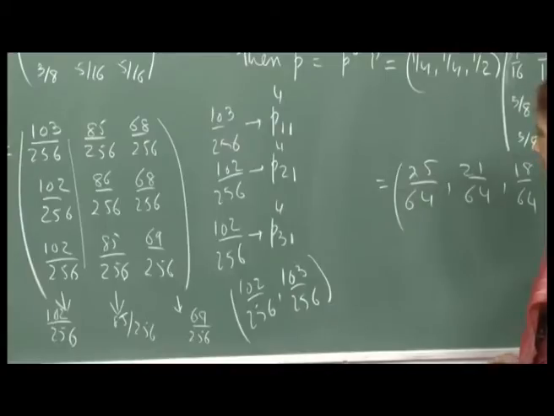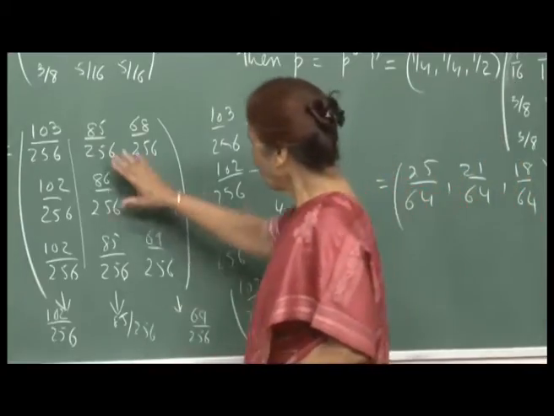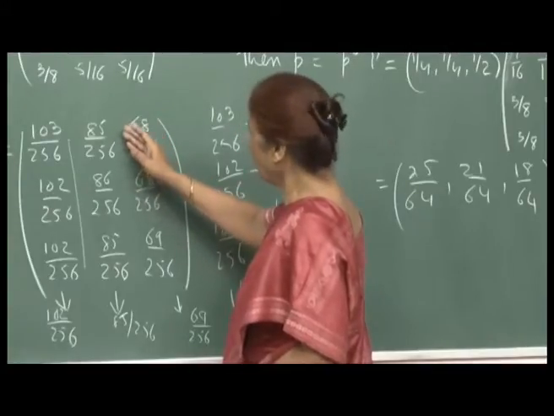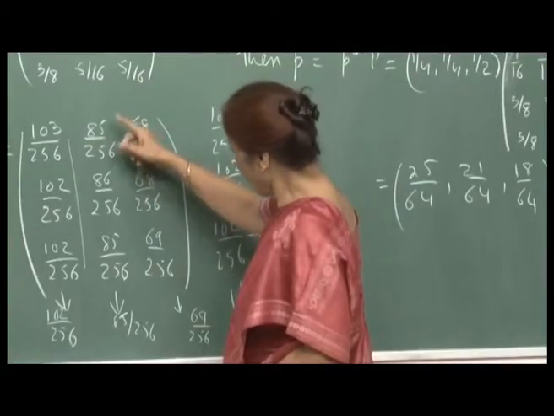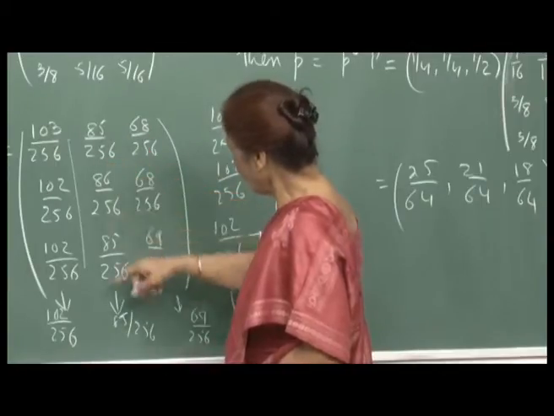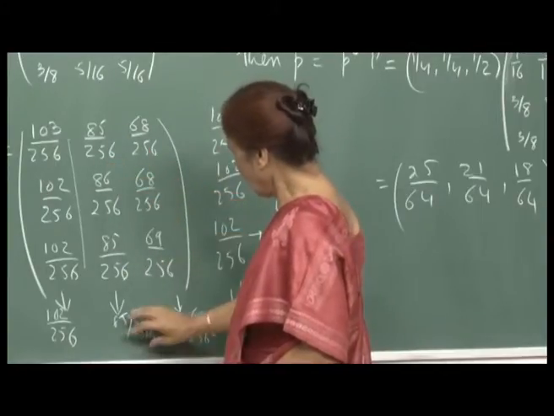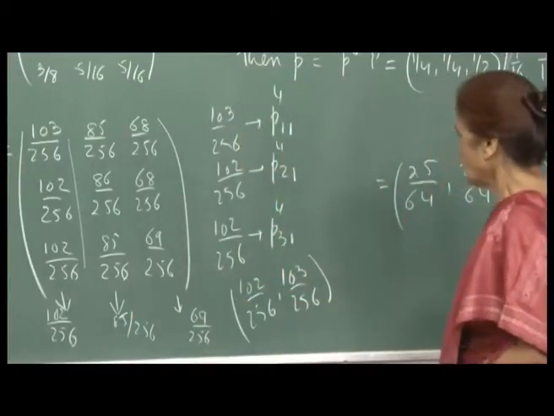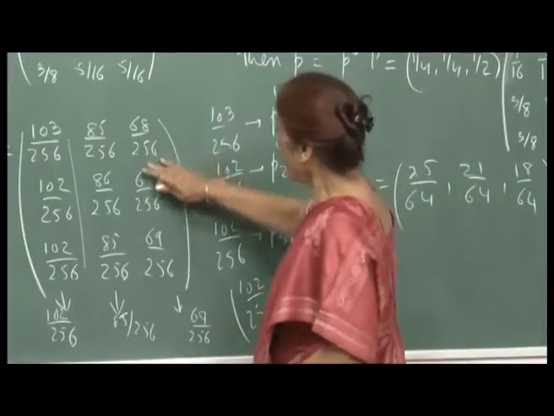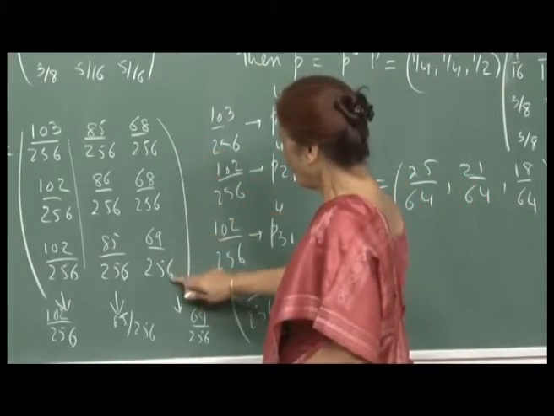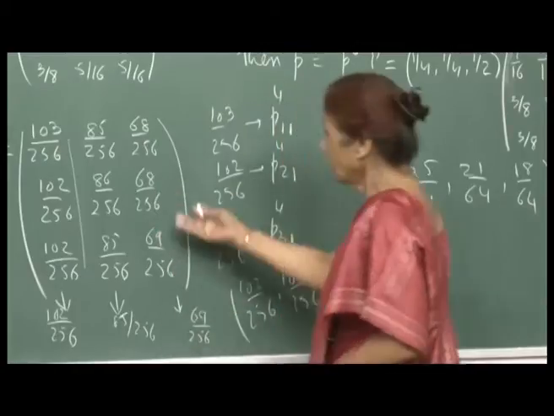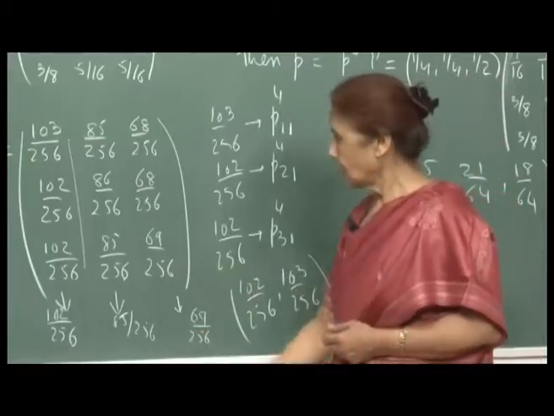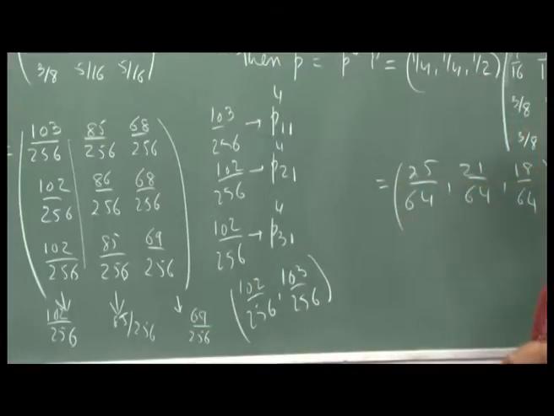Similarly, here I can say the probability of being in state 2 after 4 transitions is in the interval 85 upon 256 and 86 upon 256, which is a very small interval, a difference of 1 upon 256, and similarly here it will be 68 upon 256 and 69 upon 256. If you take the fifth power, then certainly you will see that the numbers are converging, and we will talk about this formally.